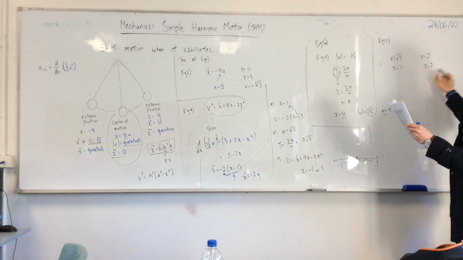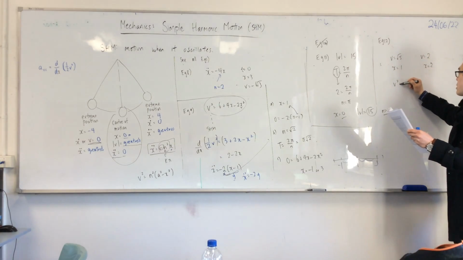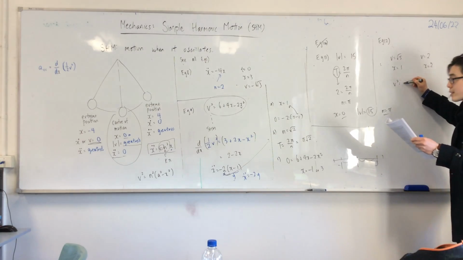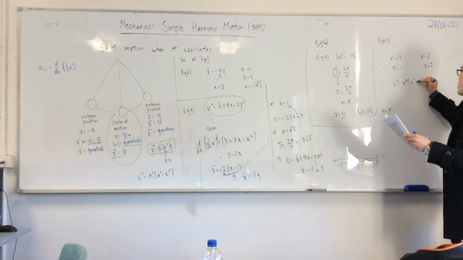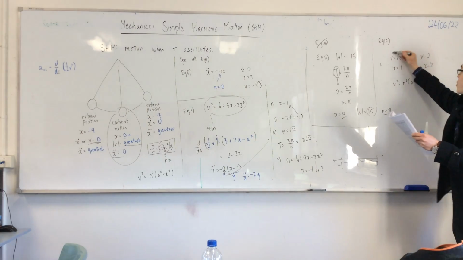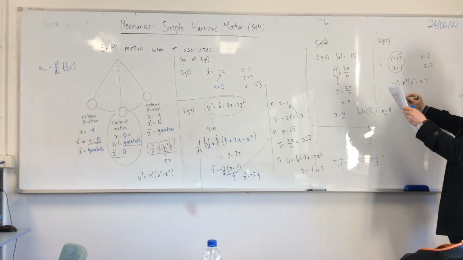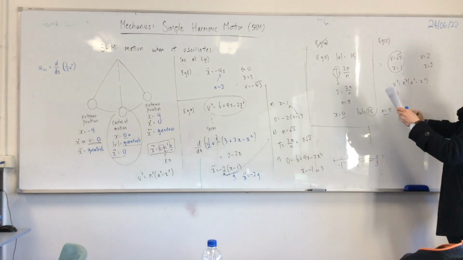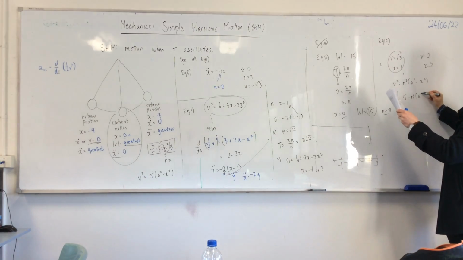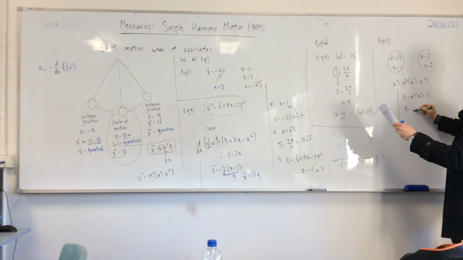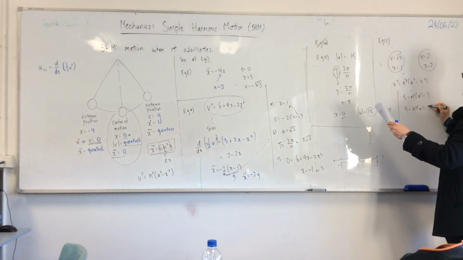So once again you have v and x, so you want to use this formula, v squared equals n squared times a squared minus x squared. For the first part, if you sub it in, you get 5 equals n squared (a squared minus 1). For the second part, you get 4 equals n squared (a squared minus 4).